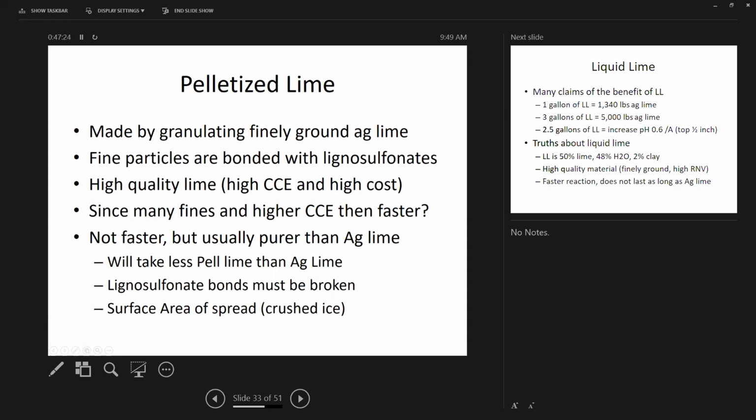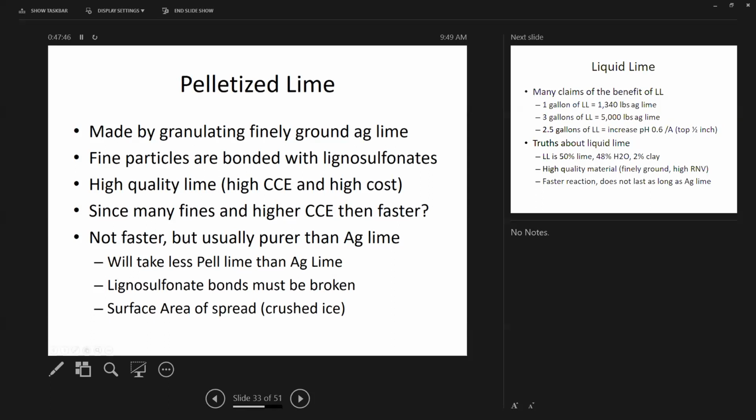Let's see, there's one, here's one, here's one, here's one. So instead of all these words, there's what, 10 words here? So I would have maybe 50 pieces of ag lime covering this area with the same amount of pelletized lime because it's in a larger form.